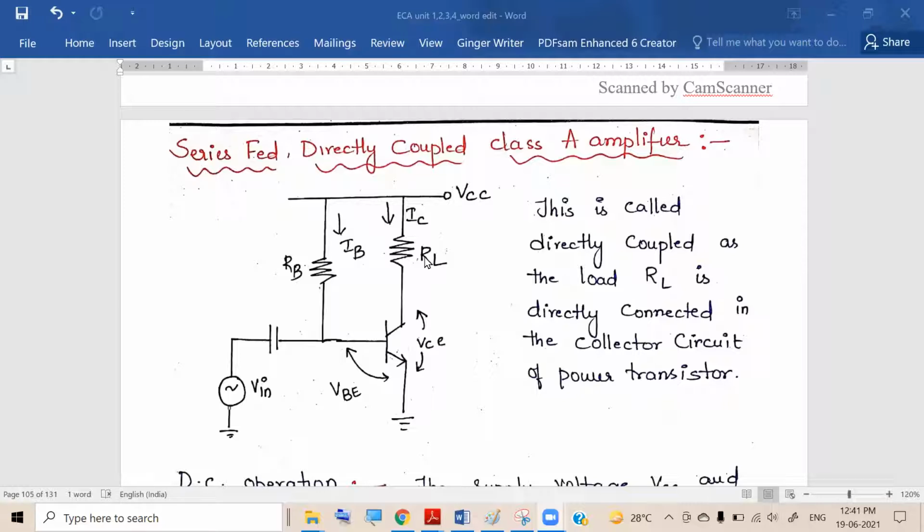So that is how the transistor acts as an amplifier, and this we have also discussed in the first unit. What I am trying to say here is that for a transistor to act as an amplifier, it should be in the active region. Active region means emitter base junction forward biased, collector base junction reverse biased.